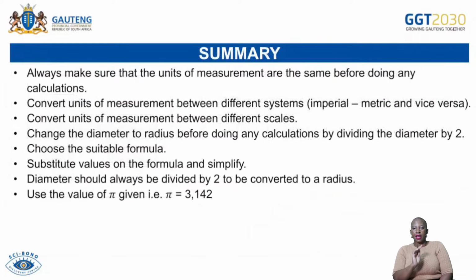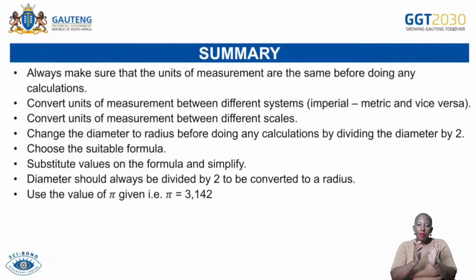But boys and girls, in conclusion, when it comes to calculating the area and the perimeter, always make sure that the unit of measurements are the same before doing any calculation. If you can recall, I was converting.